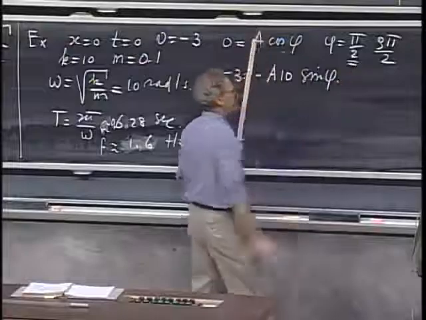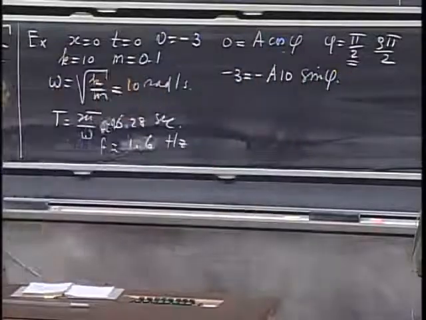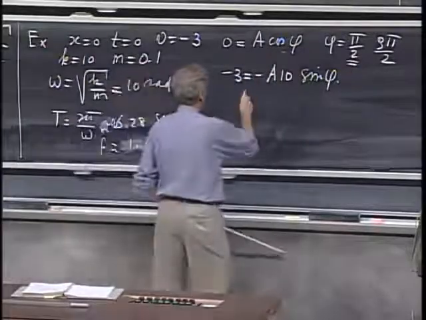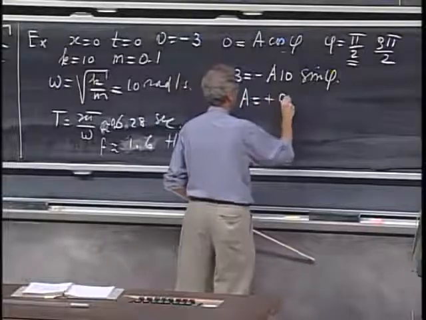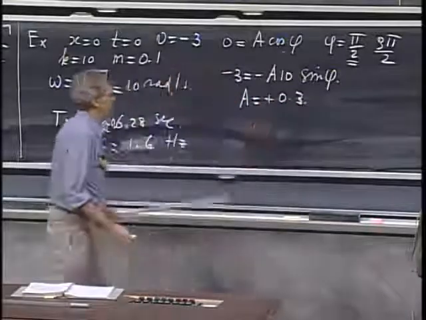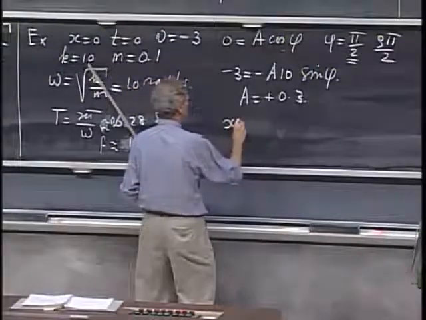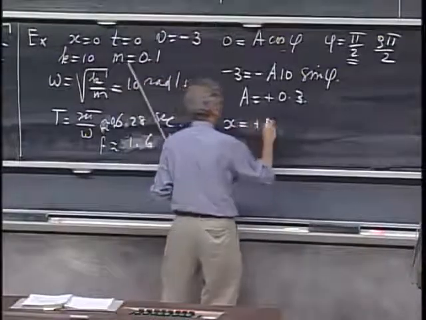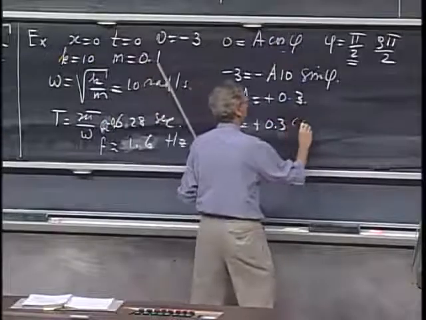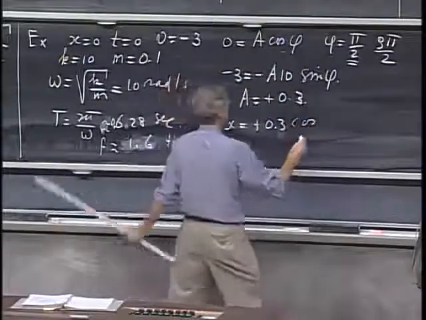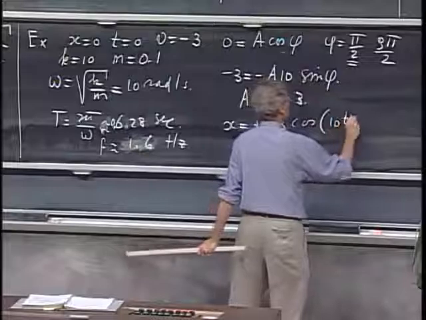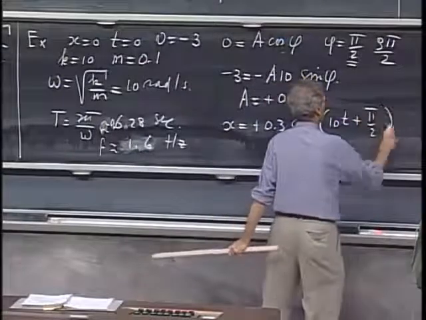If I pick π over 2, then the sine of φ is 1, and so you find immediately that A equals plus 0.3. And so the solution, which now includes φ and A, is that x equals plus 0.3 times the cosine of 10t plus π over 2.